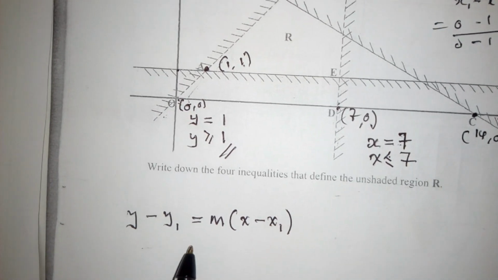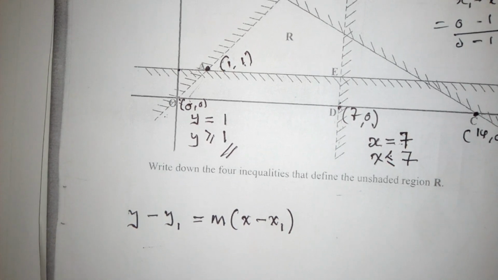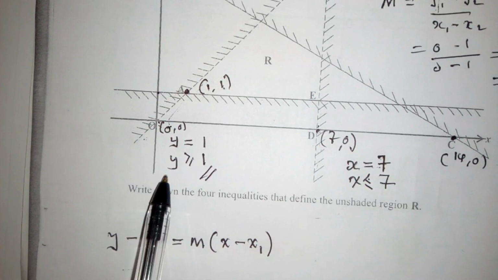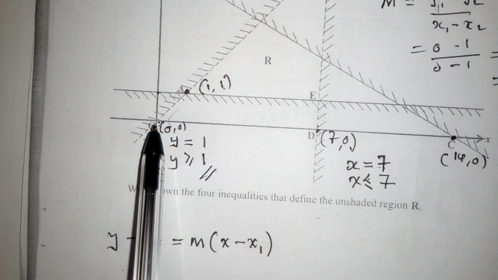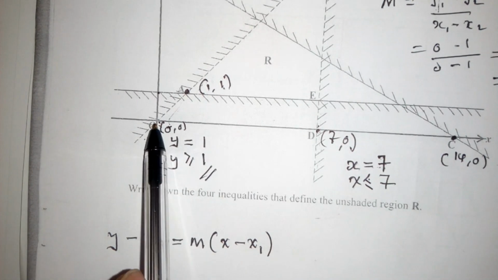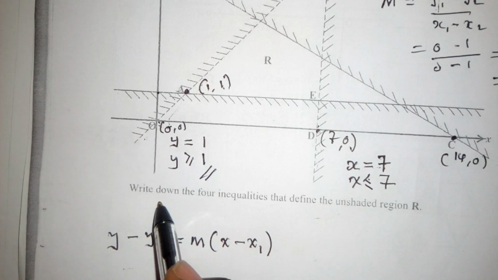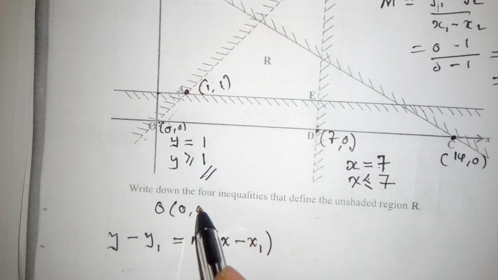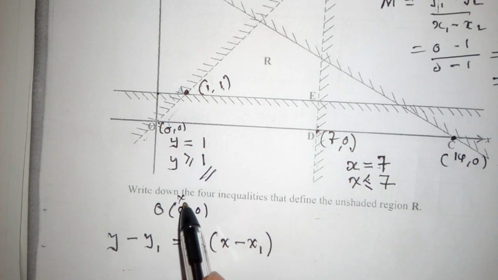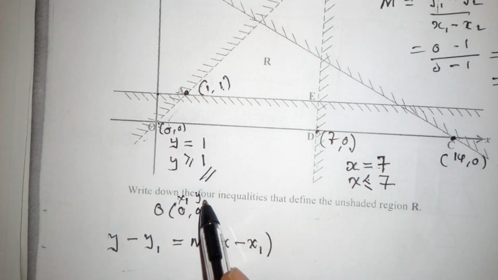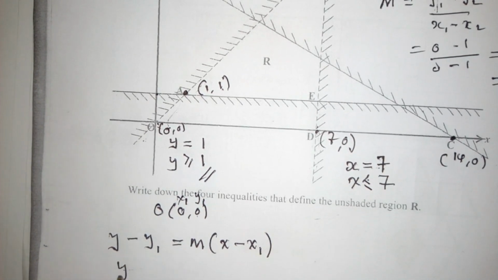When you want to find a straight line, you use this equation, where you pick one coordinate, either this one or this one. In this case, I'll pick 0, 0, because it will be simple to work with. So this will be my x sub 1, y sub 1. I can plug them in.